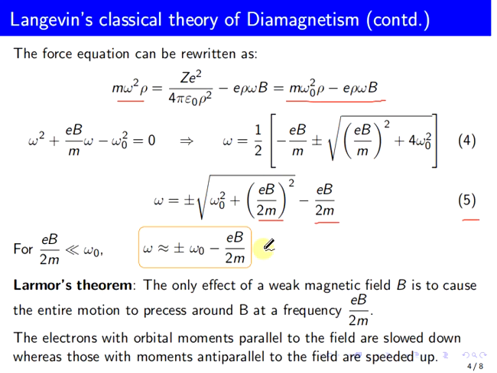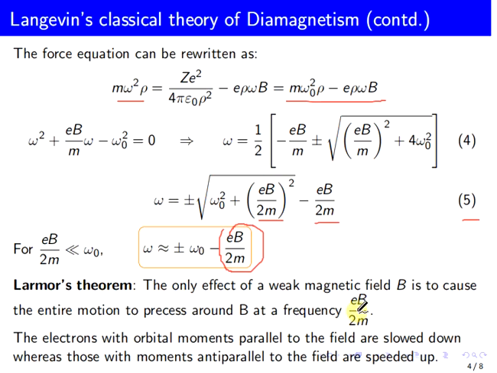So on the application of the applied field, the new frequency of revolution becomes plus or minus omega 0 minus EB by 2m. So this is Larmor's theorem, which proposed that the only effect of a weak magnetic field B is to cause the entire motion to precess around B with a frequency of EB by 2m.